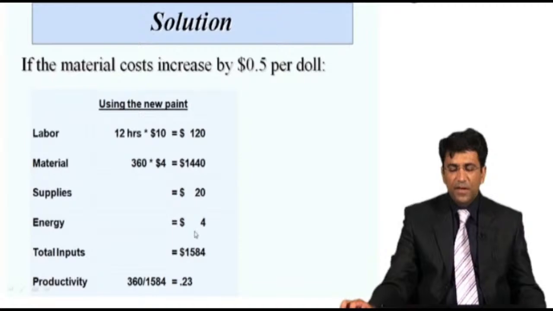Energy cost will remain same, and now the input cost is equal to $1584, and the productivity in this case will be equal to, again, output over total input, which is 0.23. So in this way, students, we can extract the particular information in order to solve the problems and measure the productivity in organizational settings.